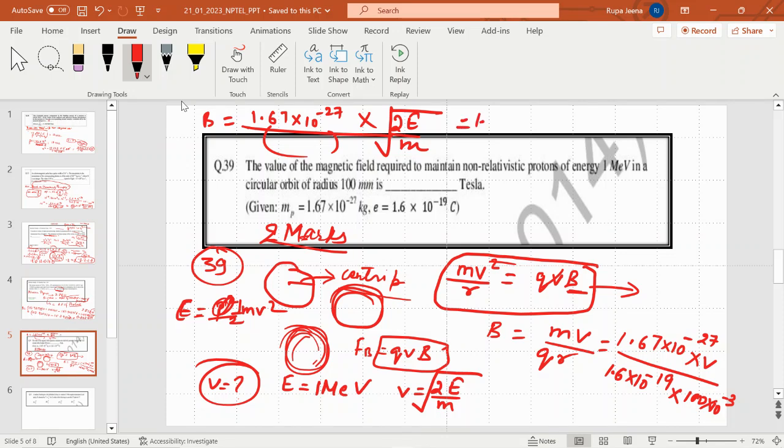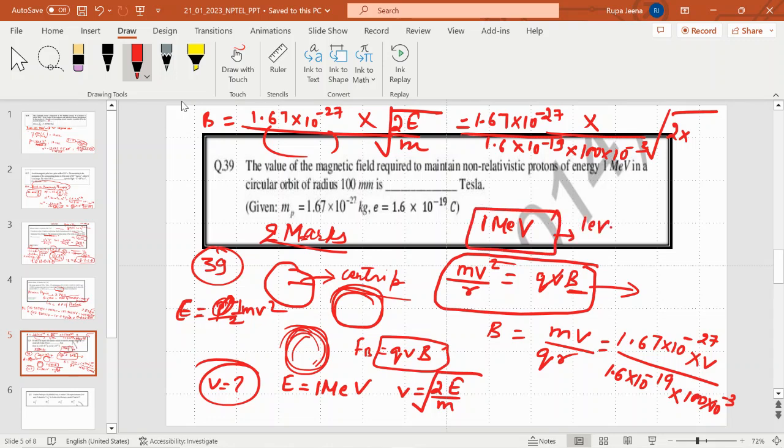Now you can do 1.67 into 10 raised to the power minus 27 upon 1.6 into 10 raised to the power minus 19, 100 into 10 raised to the power minus 3 into under root 2 E, which is given in 1 MeV, but I want in joule. I want in SI unit.